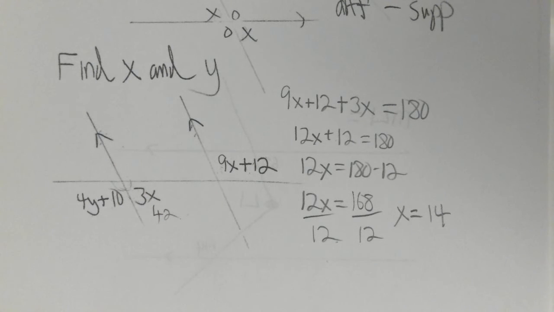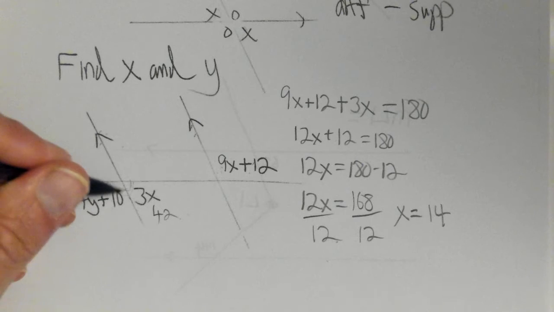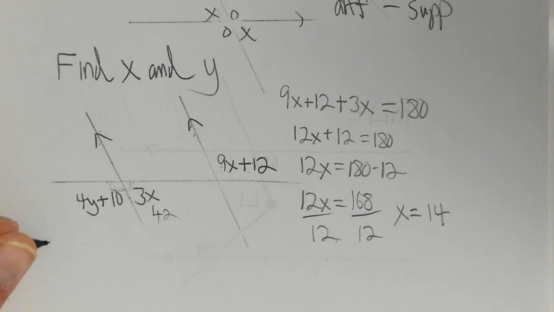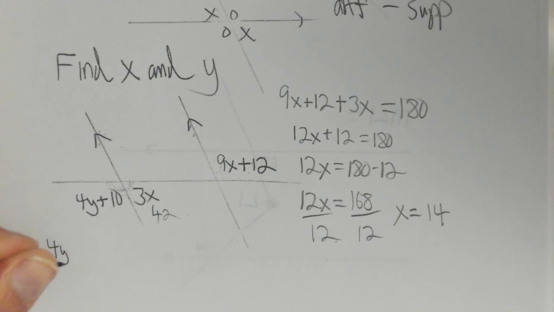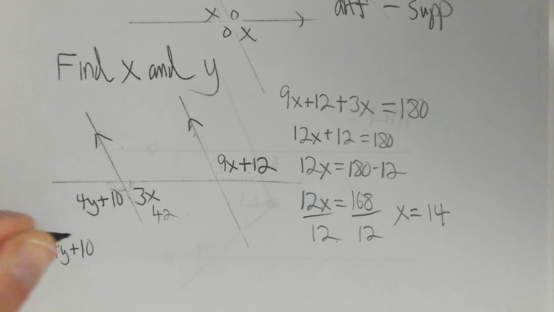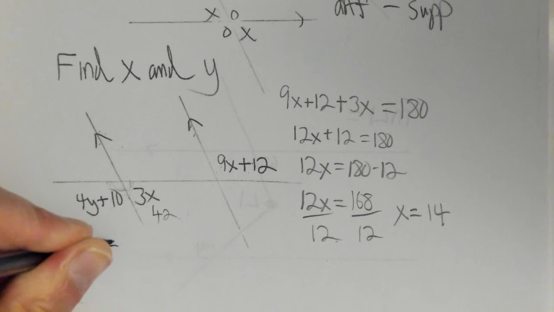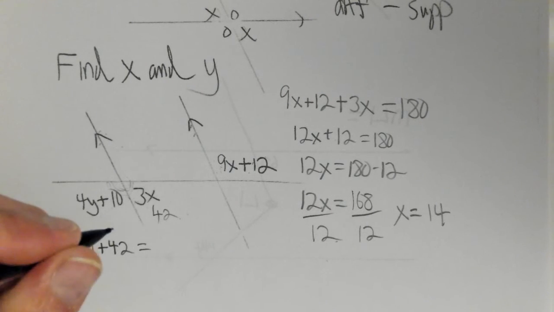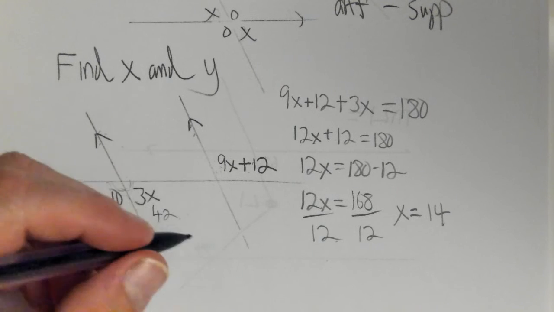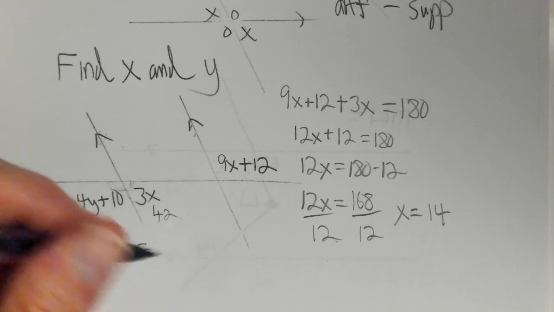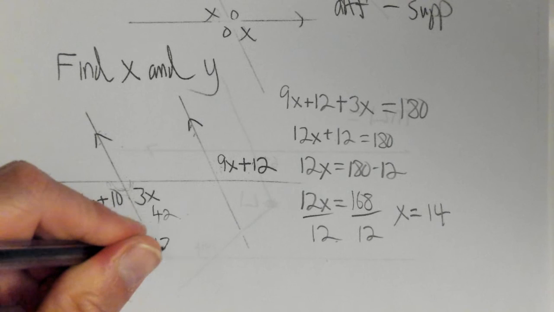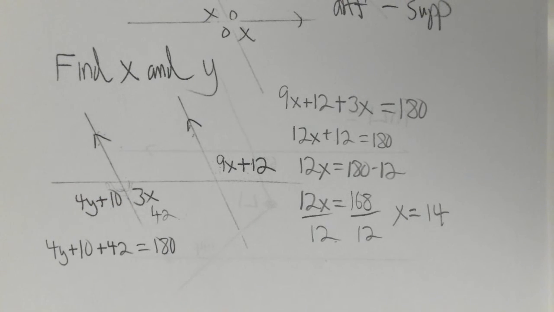So now I know that those two together make a linear pair, so I'm going to write this: 4y plus 10 plus 42 equals 180. Because they do form a linear pair, they're going to add up to 180.